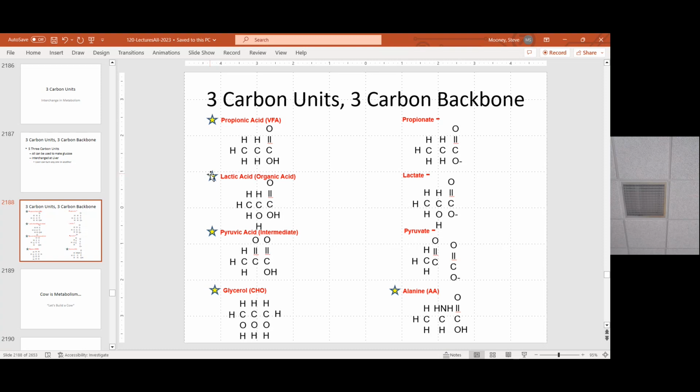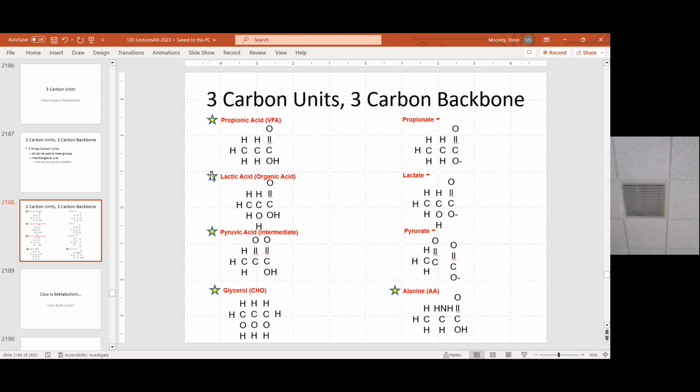So especially lactic acid and pyruvic acid will be interchanged back and forth at the end of glycolysis. We'll talk more about that when we get to muscle metabolism. Glycerol, where does that come from? The triglycerides. So we take two glycerols and we can make glucose.